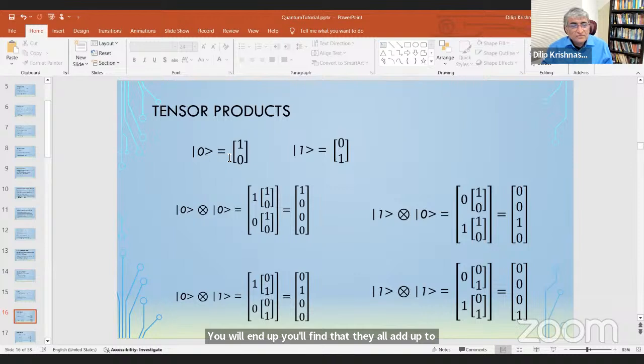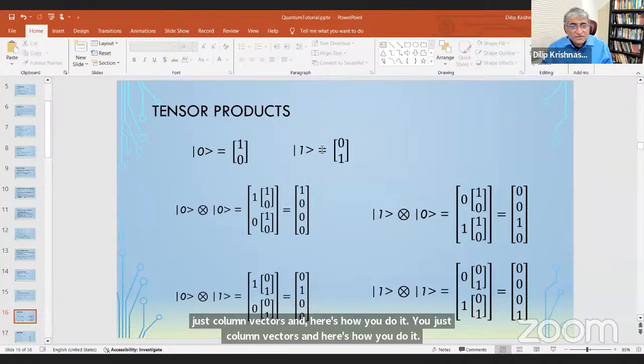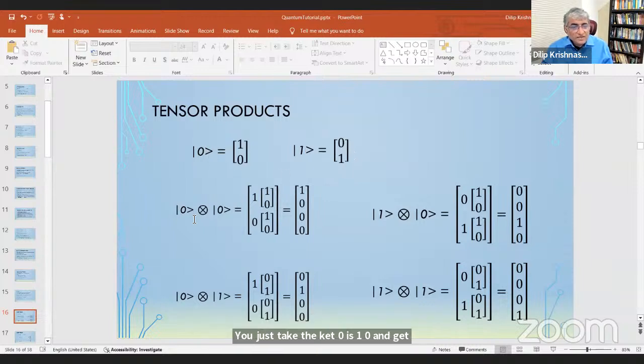Now, you shouldn't be too scared of tensor products. It's just column vectors, and here's how you do it. Say ket 0 is 1, 0, and ket 1 is 0, 1. So, for example, look at ket 1 tensor product ket 0 here on the right side.